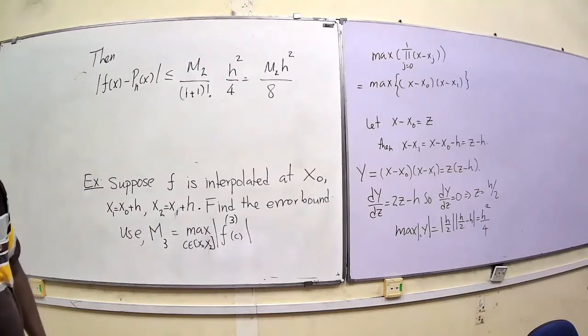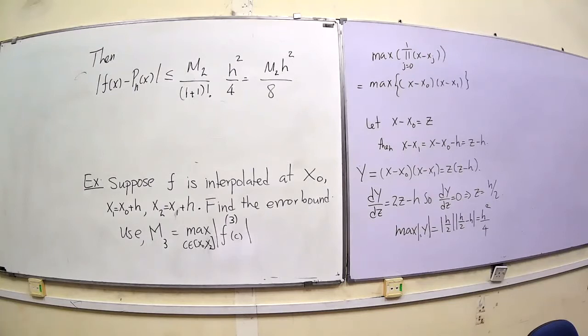Again, we are talking about equally spaced points. Then only can you easily find the maximum of the product of (x minus xj). That is the only part you have to do, and that is A level math.